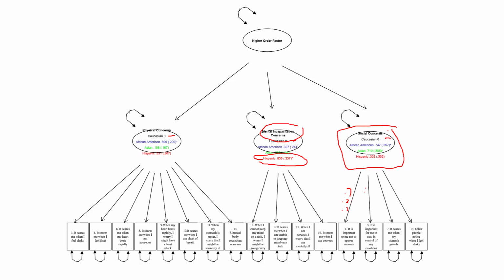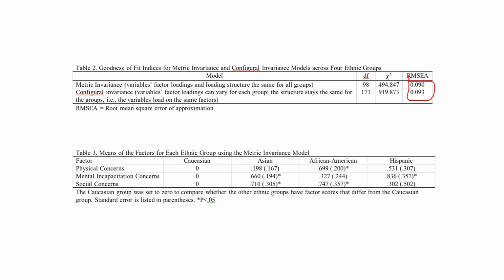For social concerns, we had people who indicated being Asian, having more social concerns, showing other people their anxiety. And then physical concerns was higher for people who reported being African American. So it's kind of an interesting type of model to look at how groups might differ.